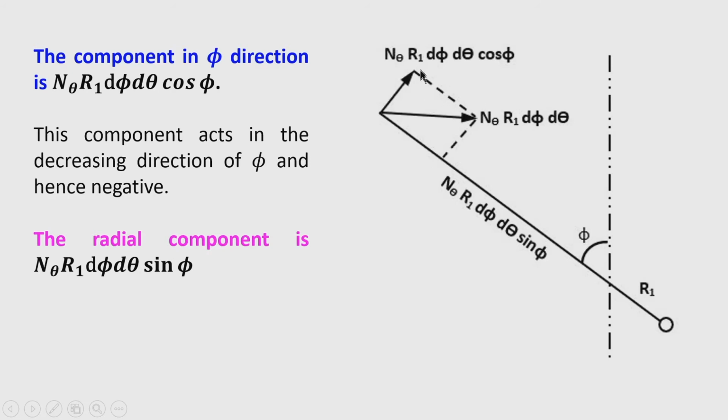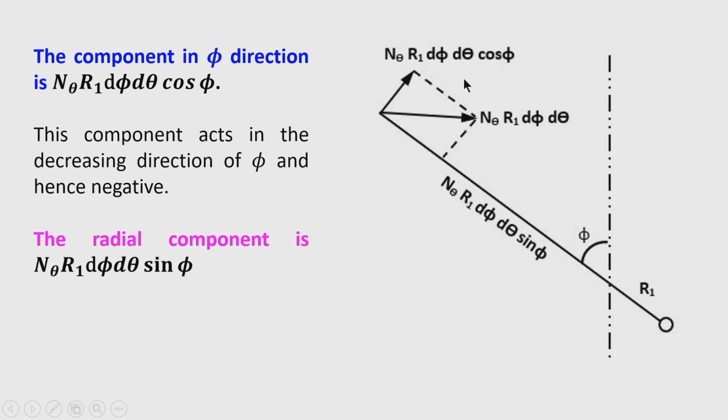So, these two components you are seeing here, that is, if this angle is phi, then after resolving this force along the tangent direction to the meridian, it becomes n theta r 1 d phi d theta cos phi, because if this angle is phi, this angle is 90 minus phi, and this will be again your phi.